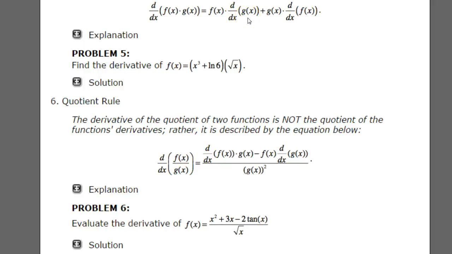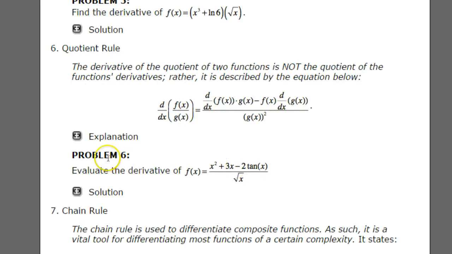With the quotient rule, you can't screw up the order. It's not the quotient of the functions' two derivatives, rather it is described by the equation below, which is the derivative of the first times the function that is second, minus the function that is first times the derivative of the second function, divided by the second function squared.